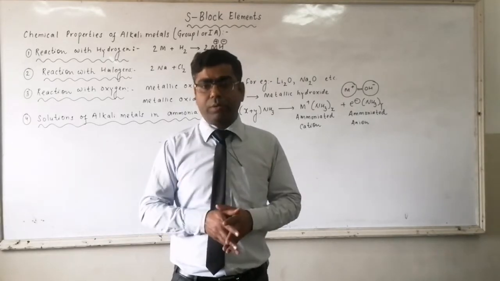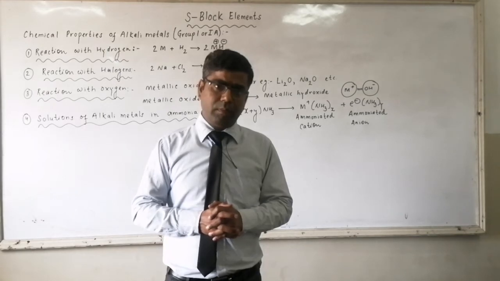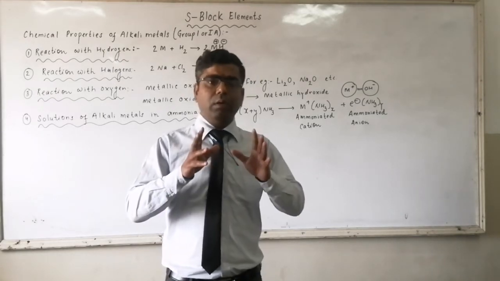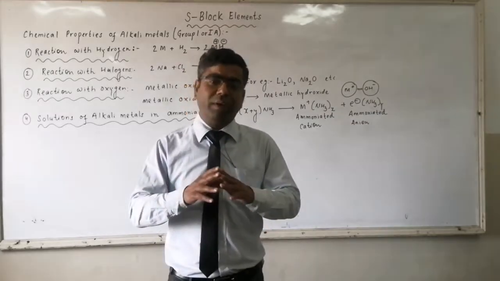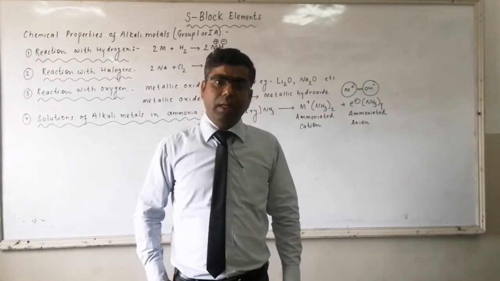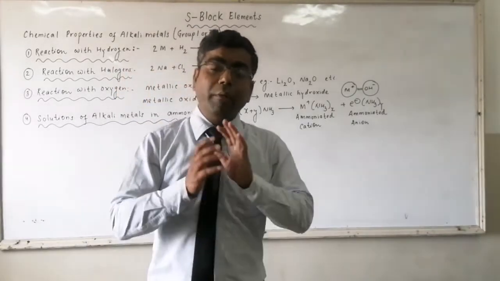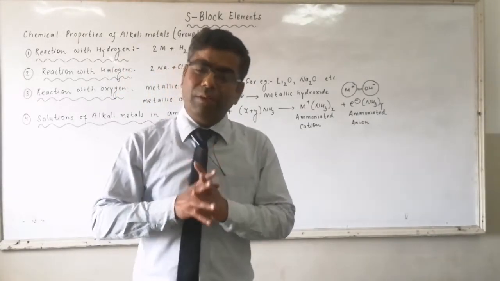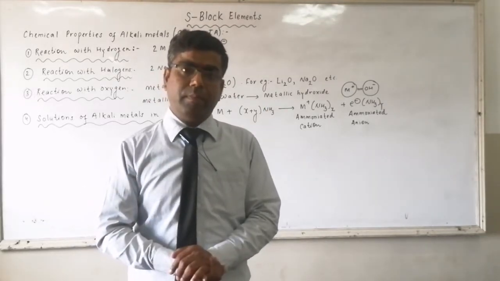Now if we talk about the reducing character, for group first A elements or group 1 elements, as we move down in a group, reducing character of metallic hydride will increase.